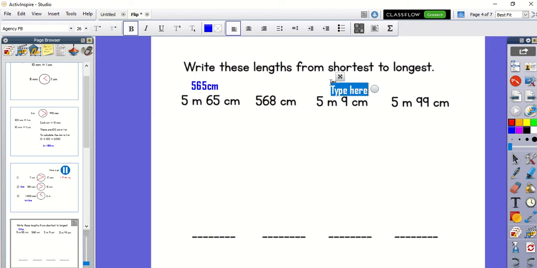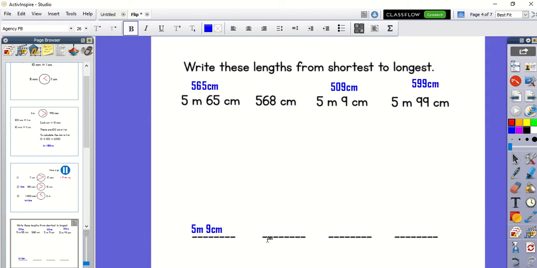This one is 509 centimeters, because remember that's a 9, not a 90. And this one is worth 599 centimeters. So now it's suddenly a lot easier to see which is the smallest. My smallest length is 5 meters 9 centimeters.